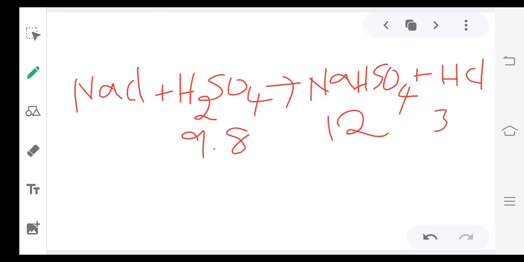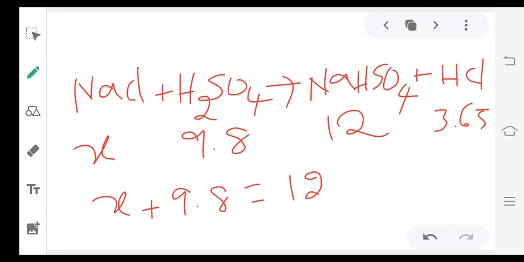The question says this reaction follows the law of conservation of mass. Suppose the NaCl quantity is X. Then we can write, according to the law of conservation of mass, X plus 9.8 equals 12 plus 3.65, meaning the reactants' mass equals the products' mass. So you can solve this and you will get the X value.